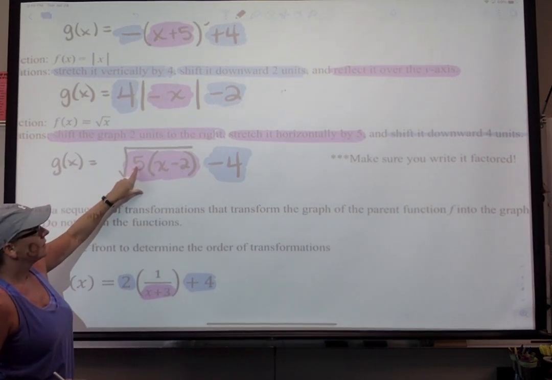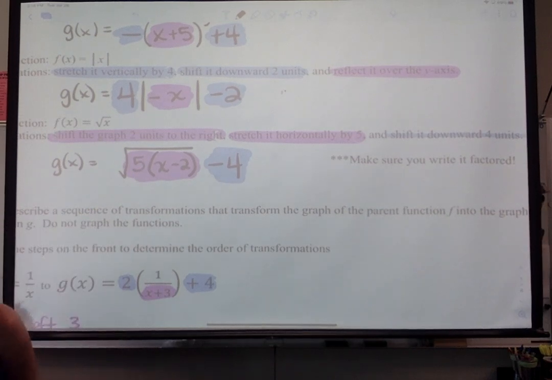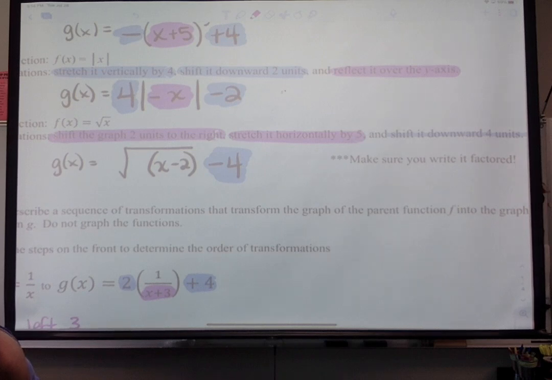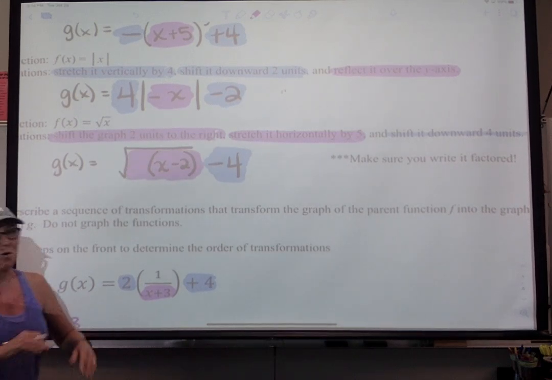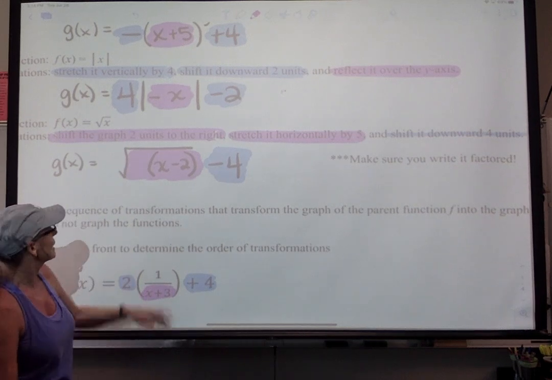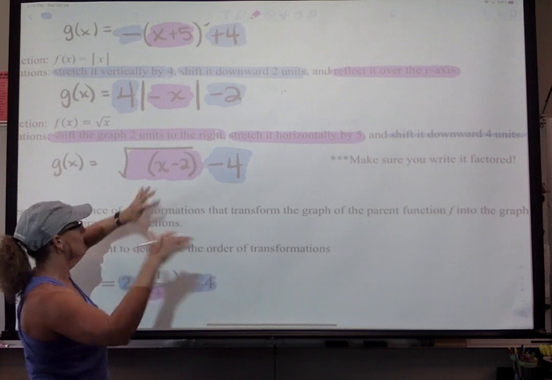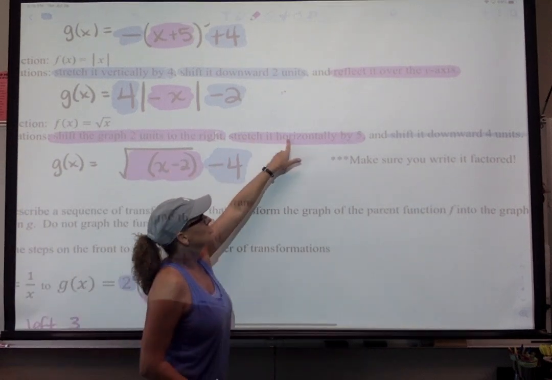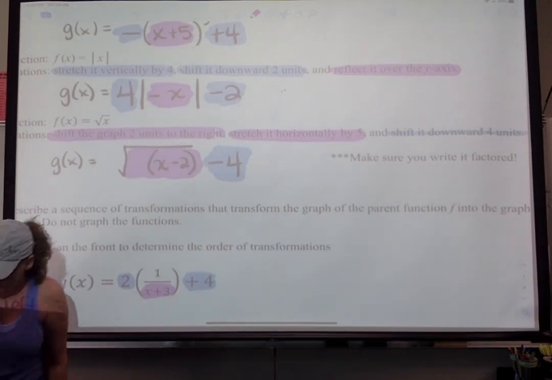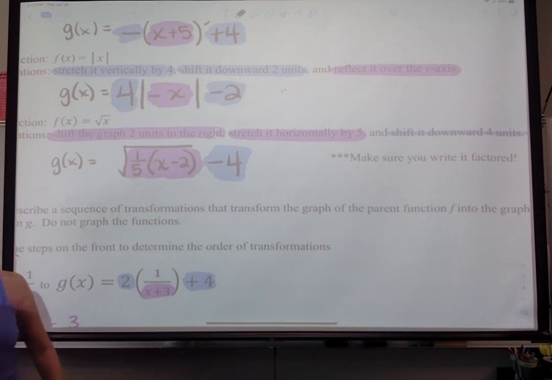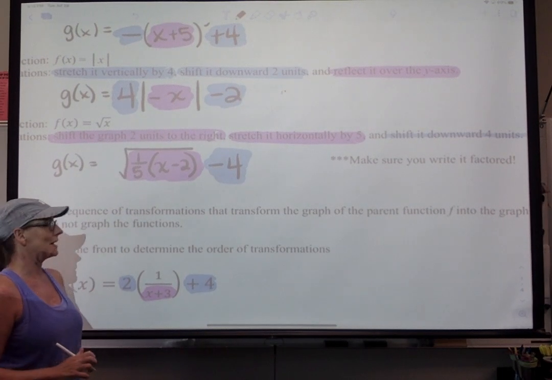I'm writing it already in factored form, and this is good. Because, no, it's not. Thank you for catching that. Because the horizontal transformations have to go and mess everything up. It's all backwards. So 2 to the right, 2 to the right. I got the whole backwards part on that. Stretch it horizontally by 5. Looks like that. Whoa, my bad.